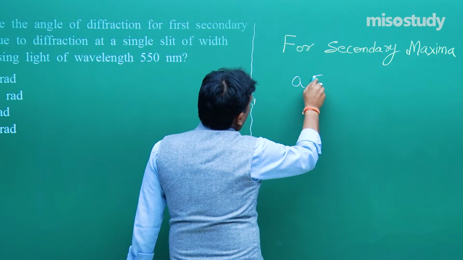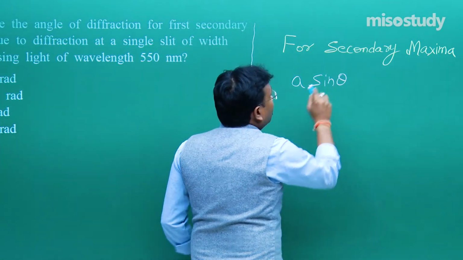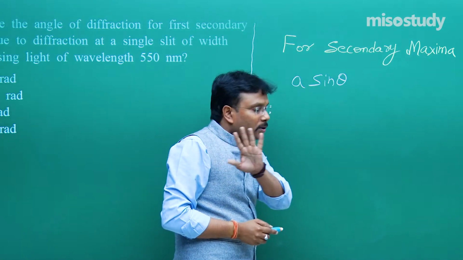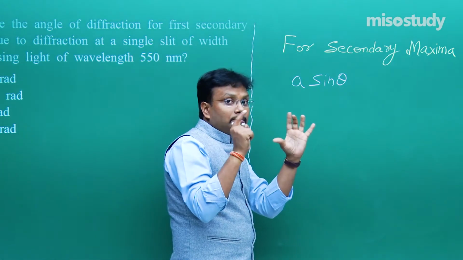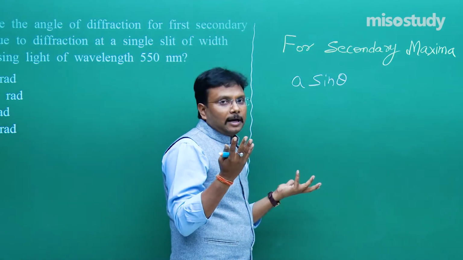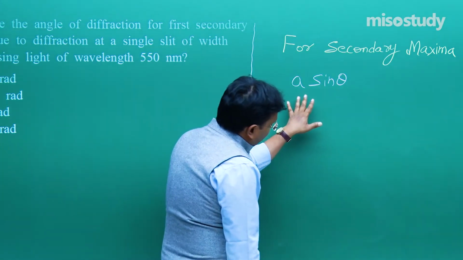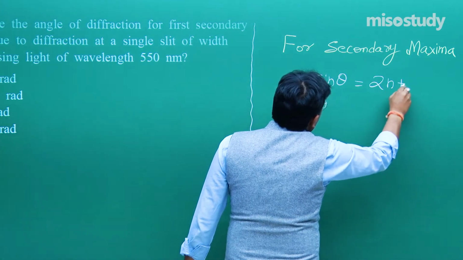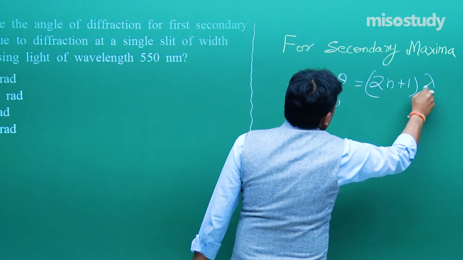A sin theta. In different books this A may be mentioned as D also. Don't get confused. The diagram during the discussion of the topic I explained, you can define that particular diagram. So, A sin theta is equal to 2n plus 1 lambda by 2.